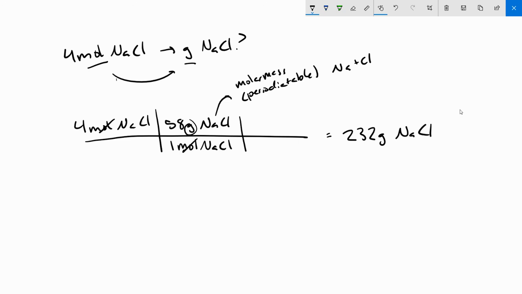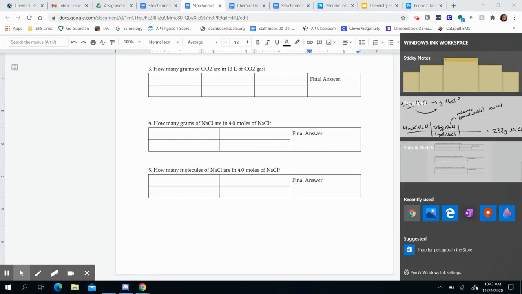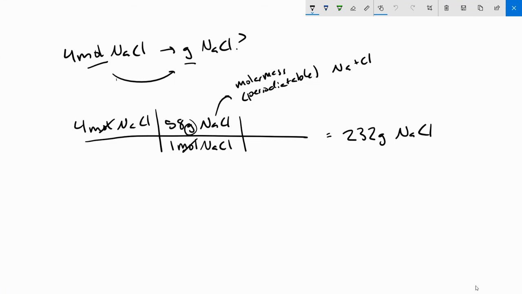Great. We've got one more, and that is how many molecules of NaCl are in 4 moles of NaCl. So we're going from moles to molecules. That's another quick conversion. So we're going to erase all this. Now we're going from that 4 moles of NaCl. We want to know how many molecules that is.